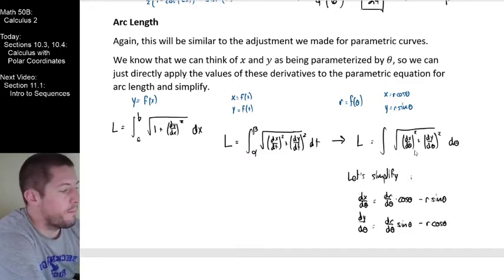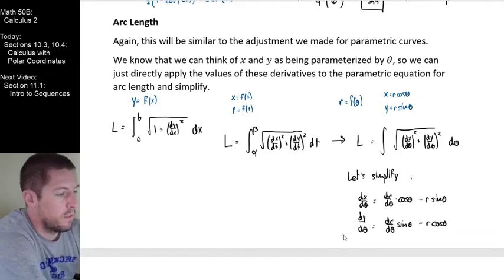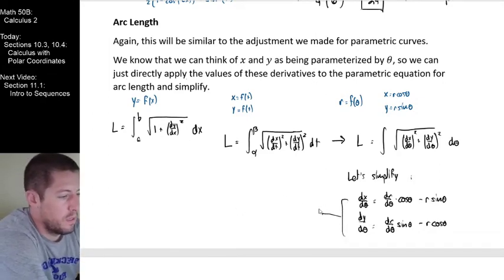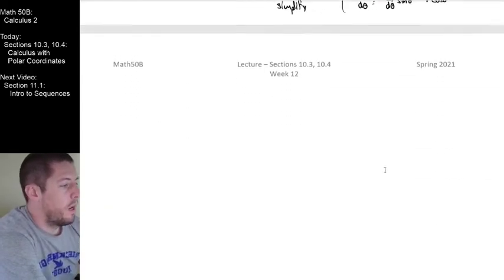I want to square them and add them. Now square, sum, and simplify. So what are we going to get here?